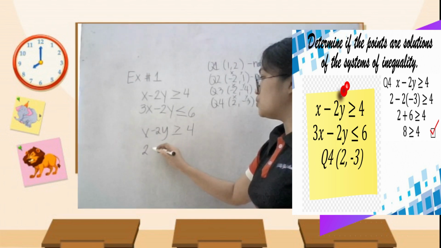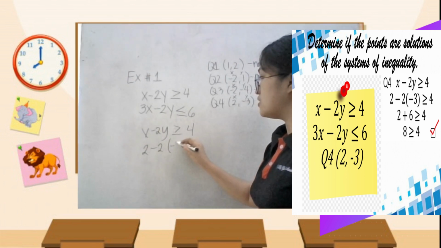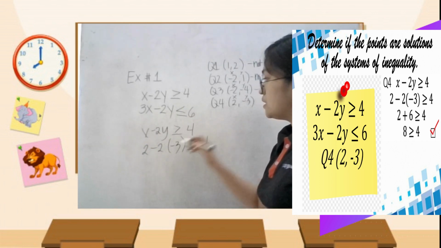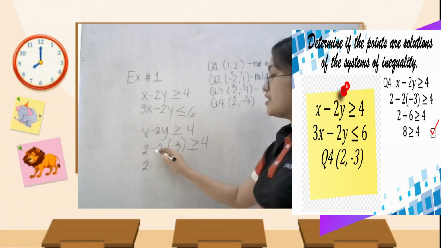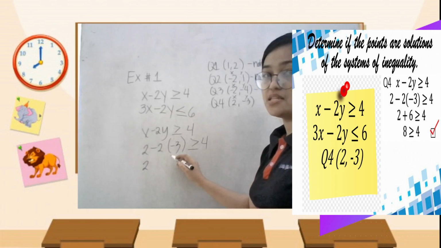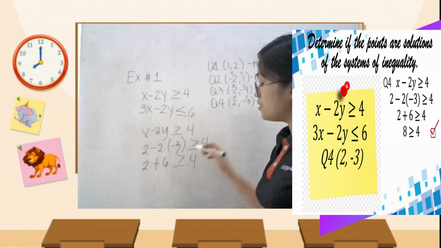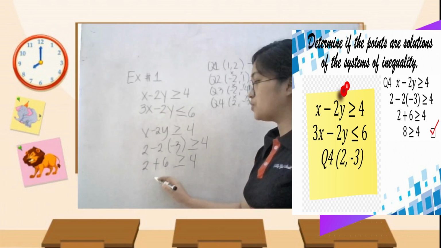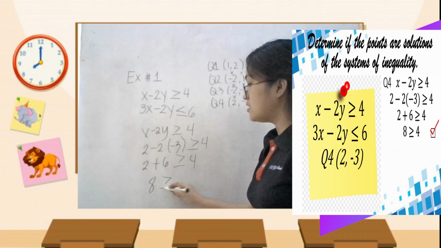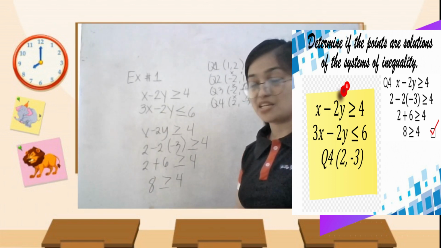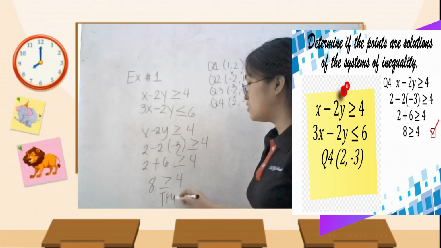So again, the x would be 2 minus 2 times the y, negative 3, greater than or equal to 4. Negative 2 times negative 3 is positive 6, greater than or equal to 4. 2 plus 6, the answer would be 8, greater than or equal to 4. Is it true? Yes, because 8 is higher than 4. So this is true.